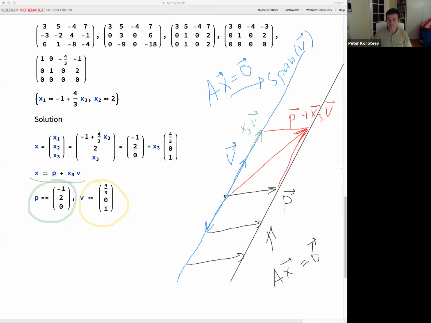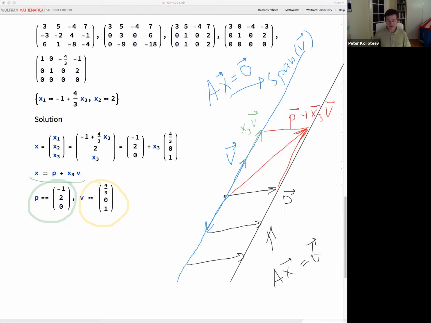First of all, are there any questions here? So this blue line was the set of solutions of the homogeneous system, and then the black line after the translation will be the set of solutions of the inhomogeneous system.